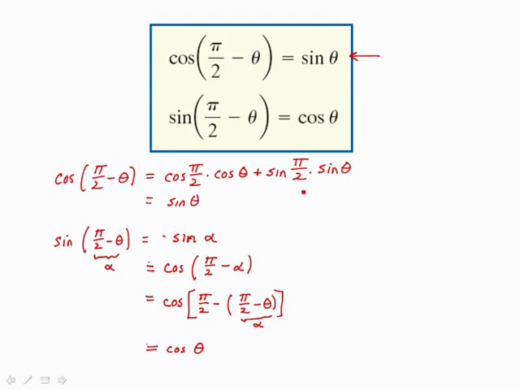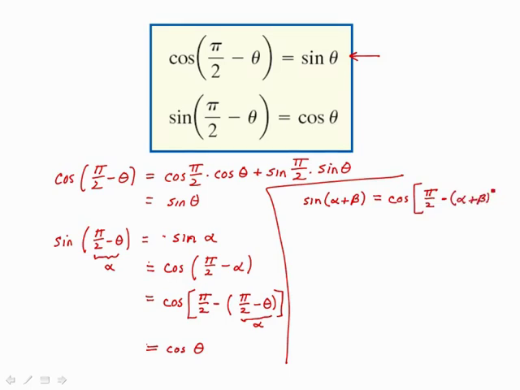I'm going to continue to use these, and now what I want to do, let me mark this off, is figure out the sine of alpha plus beta. Okay? Well, the sine of alpha plus beta, I'm going to treat alpha plus beta as theta. And I'm going to rewrite this as the cosine of pi over 2 minus that alpha plus beta.